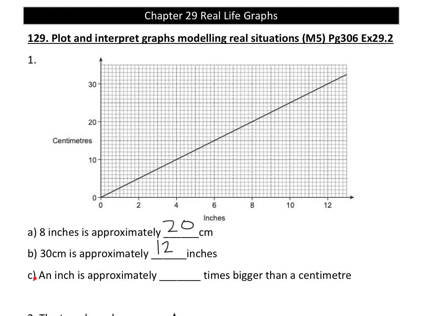And then part C says an inch is approximately blank times bigger than a centimetre. Well, you should know this conversion yourself, but if you can see here, if 10 inches is 25 centimetres, then 1 inch is 2.5 centimetres.